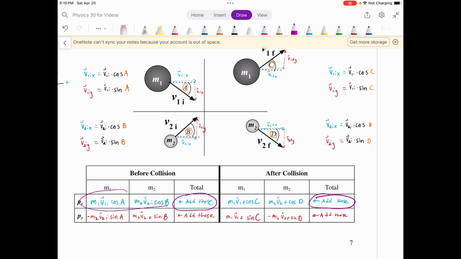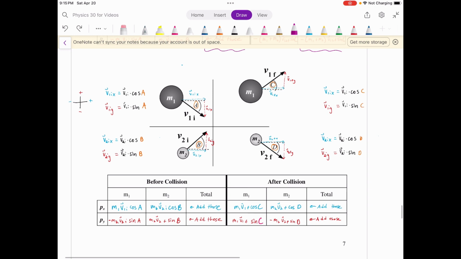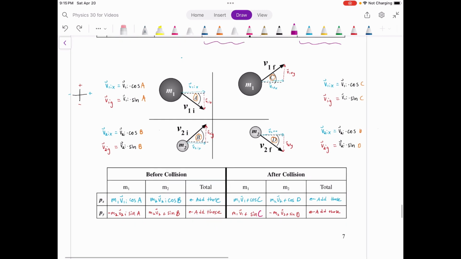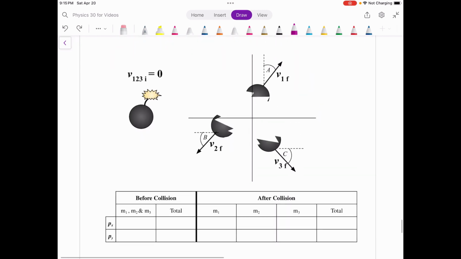So adding these up will be the same as adding those up. Adding these up will be the same as adding these up. And that's how we write our conservation of momentum equation that allows us to solve for anything we don't know, right? So there we go, okay? Same process as always. Split into the x and y components and then apply conservation of momentum in each axis separately.